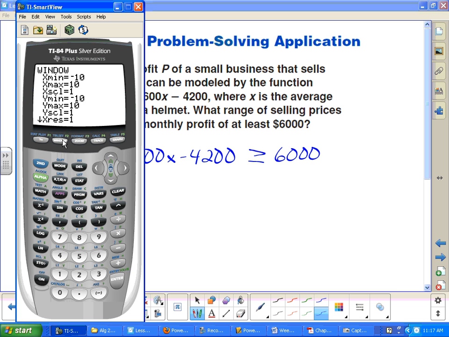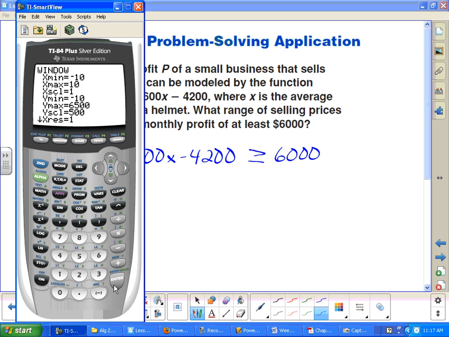Okay, our y max has got to be changed first of all. And what might be our y max then? Okay, so we need it to be larger than 6,000, right? So it could be 6,500. You could do 7,000. It kind of depends on where you want to go.